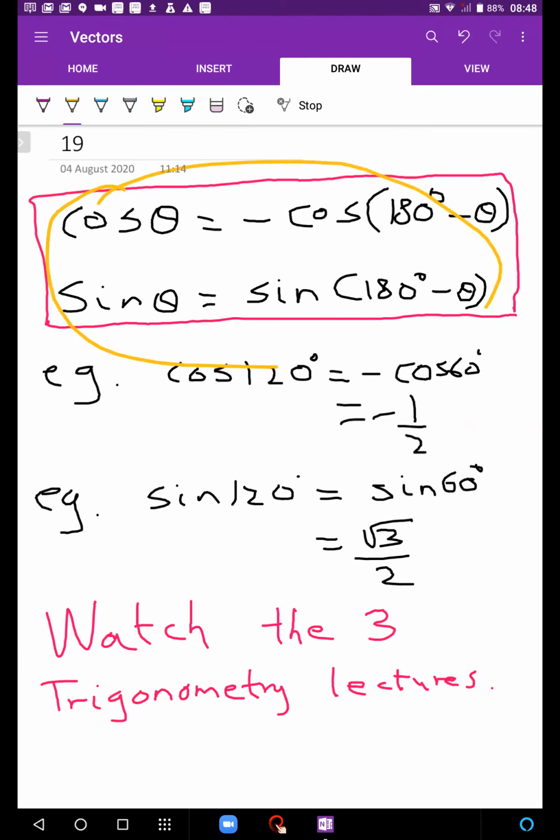But yeah, now this is just a special case of the broader result. So there's a broader result which helps us figure out the sine and cos values of any angle, be it negative, be it positive, be it greater than 90, be it obtuse, be it beyond 180 as well. कोई भी एंगल का साइन कॉस हम निकाल सकते हैं by somehow relating it to the sine and cos of acute angles.